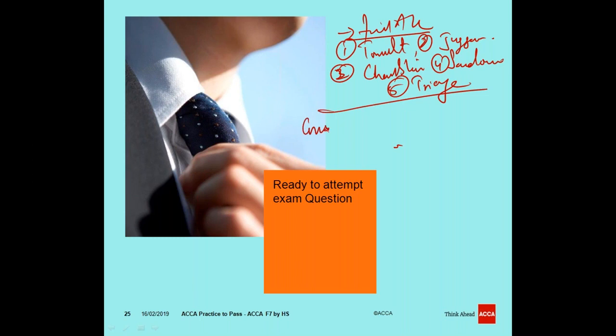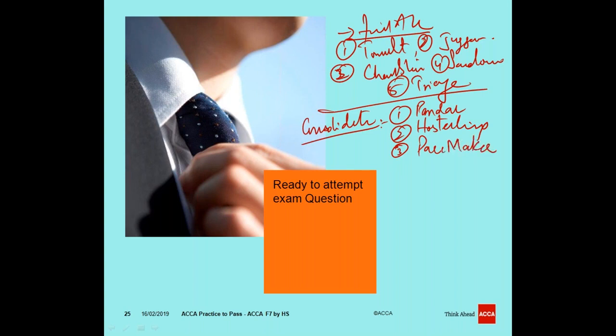For consolidation, you should attempt Pender, Hosterling, which I have given, then Pacemaker, Premier, and the last one is Bicom.